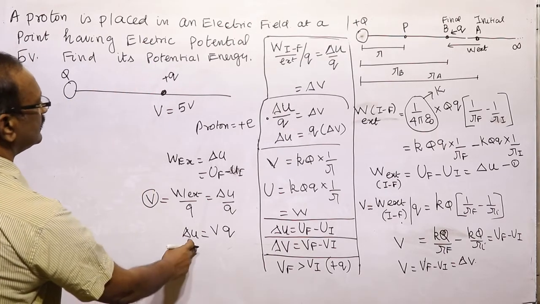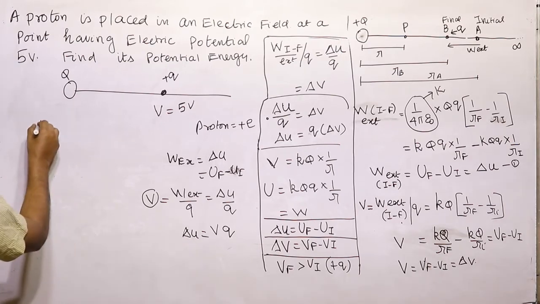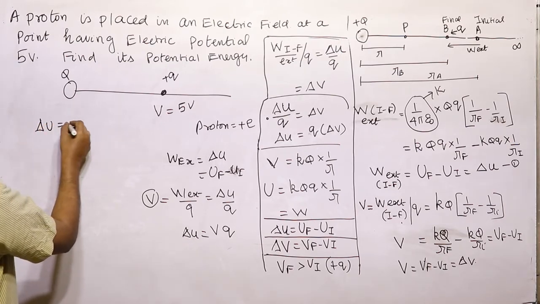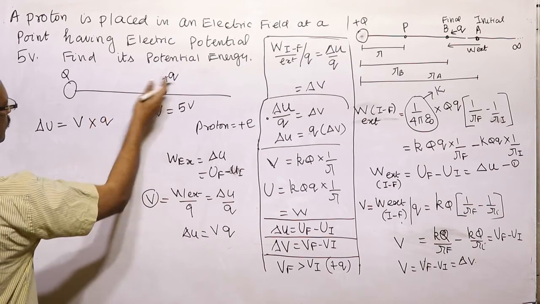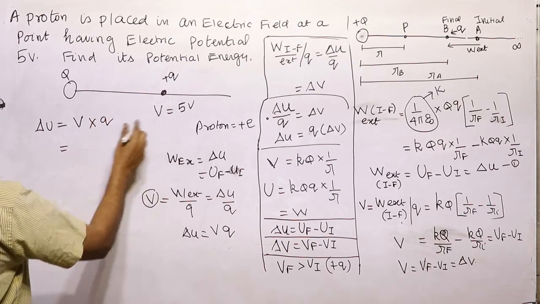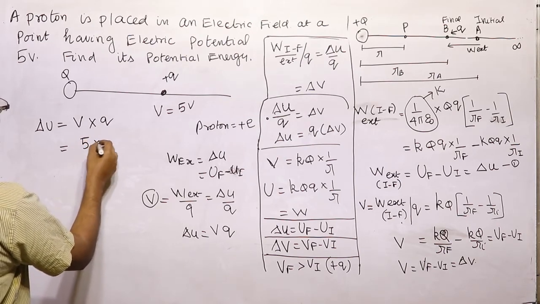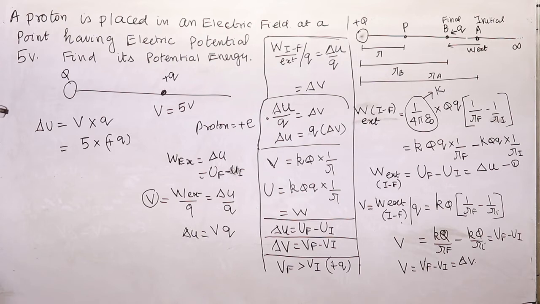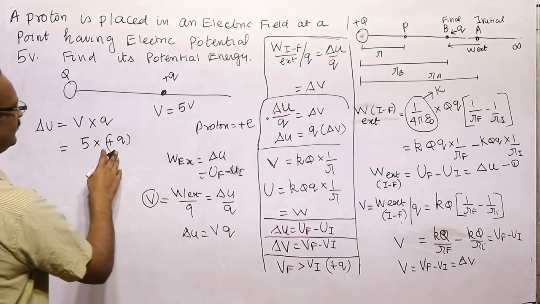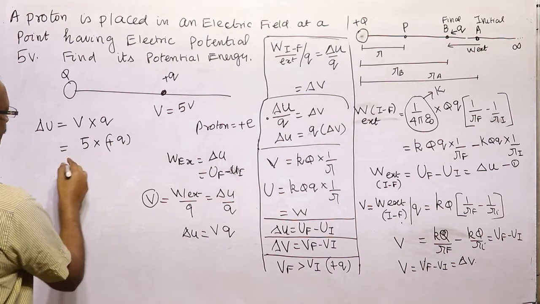So the change in potential energy is equal to the potential at that point into the charge which is brought. The potential at this point is given as 5 volt, into positive Q, because a proton is a positive charge with magnitude equal to that of the electron.